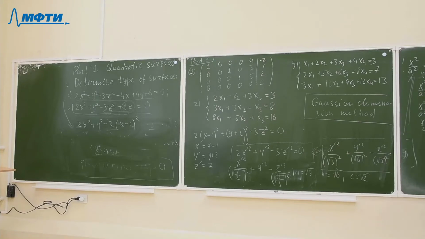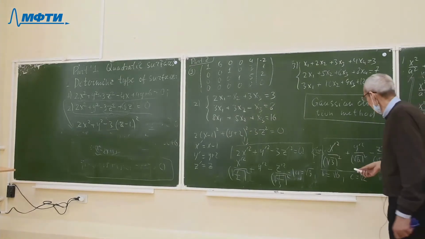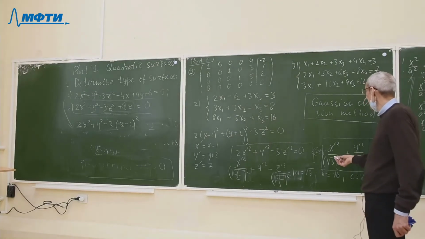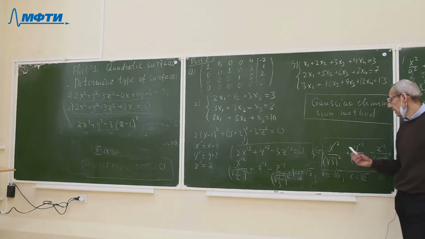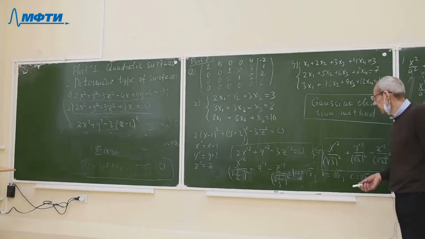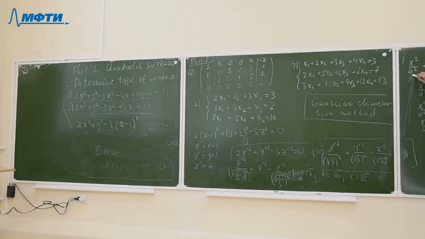If we fix some value for z, we obtain a uniquely defined section of this surface, and this section is uniquely defined up to a proportional constant term, and these numbers are not uniquely defined.